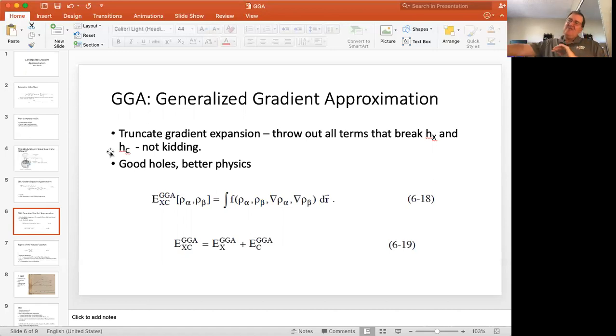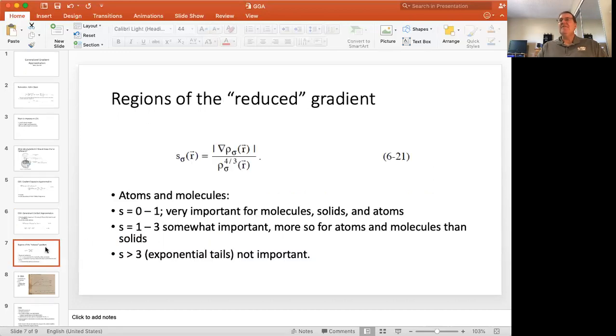And after that, they throw out all the terms. What do you get? Well, you get the impacts of gradients, you get good holes again, and you get better physics. And so these are written in this form, that there's a function of density for both alpha and beta spin and gradients alpha and beta spin that gives you the exchange correlation. It's a little complicated, but that's what it is. And still going to break it up in terms of exchange and correlation.